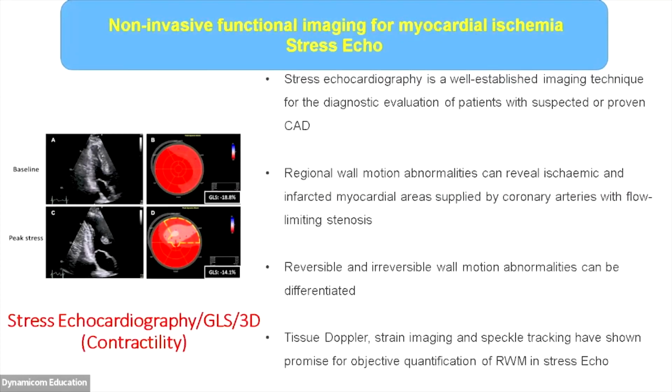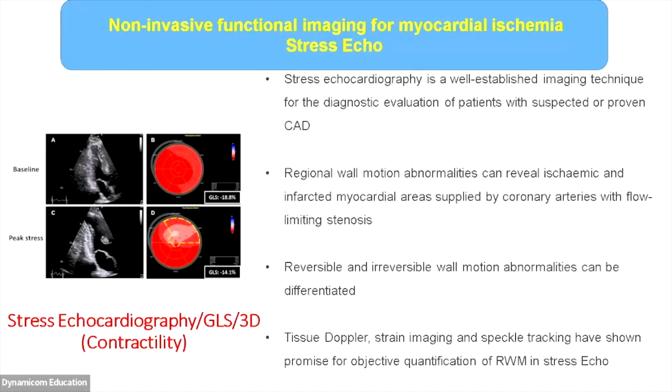It has a good sensitivity and specificity for diagnosis of suspected coronary artery disease to identify regional motion abnormalities, and it can identify reversible and irreversible wall motion, and can differentiate between ischemia and a scar due to previous infarction.